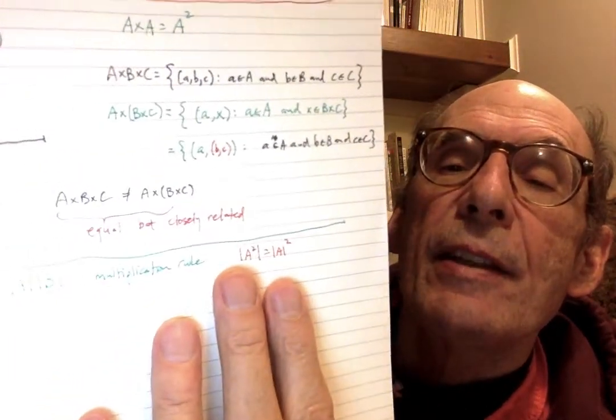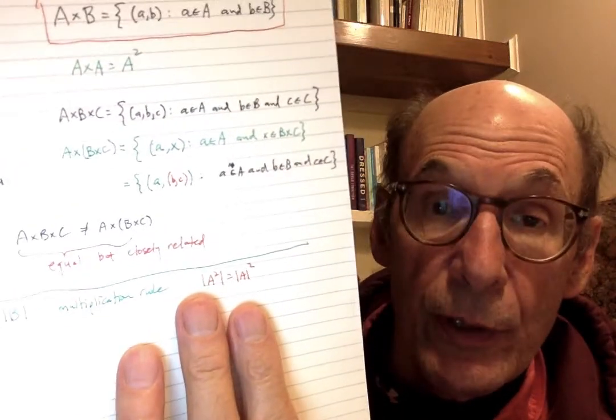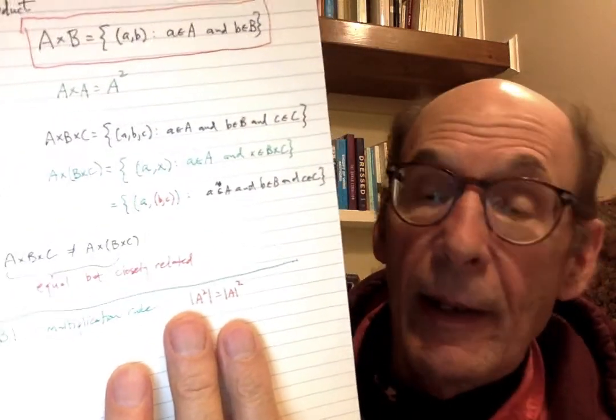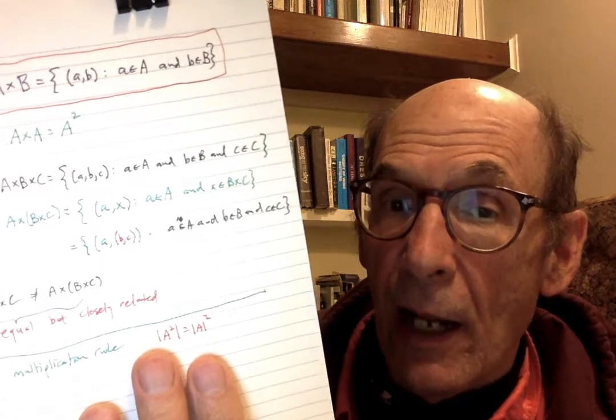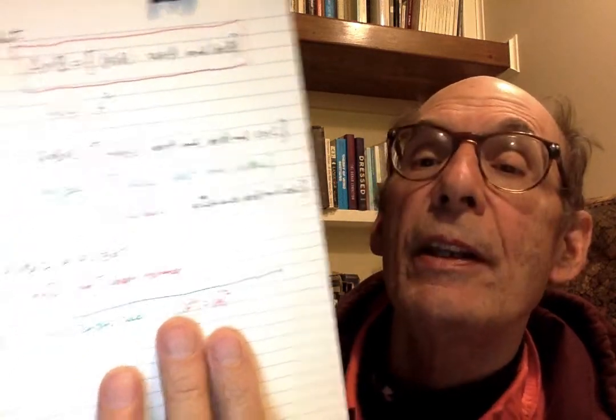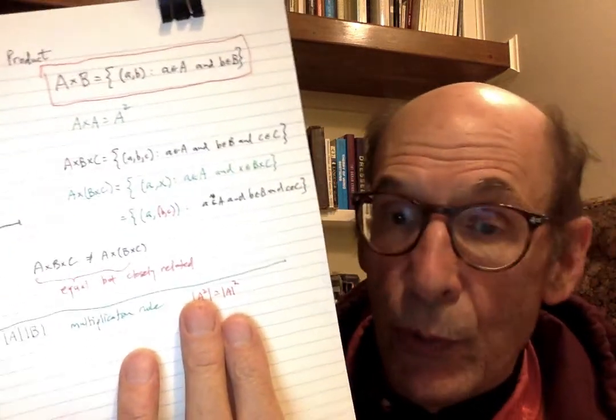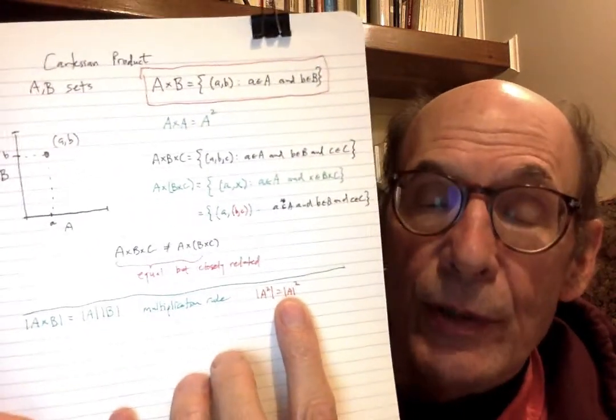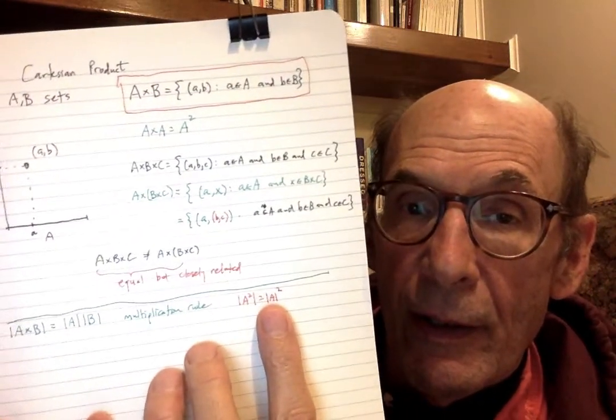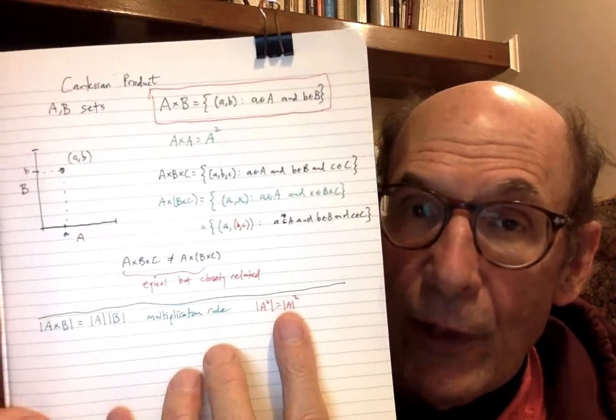This says that the size of A2, the Cartesian product A cross A, is the size of A squared. So one of these superscript 2's is a 2, and one of these superscript 2's is a square. I'm sorry, I have no further comment on that. You just have to read it very carefully.